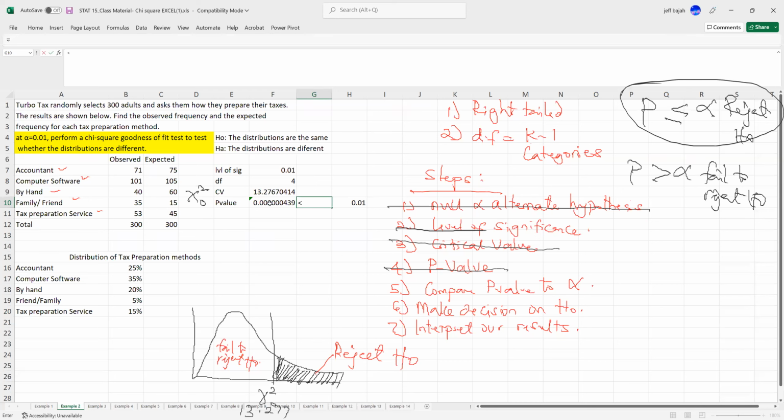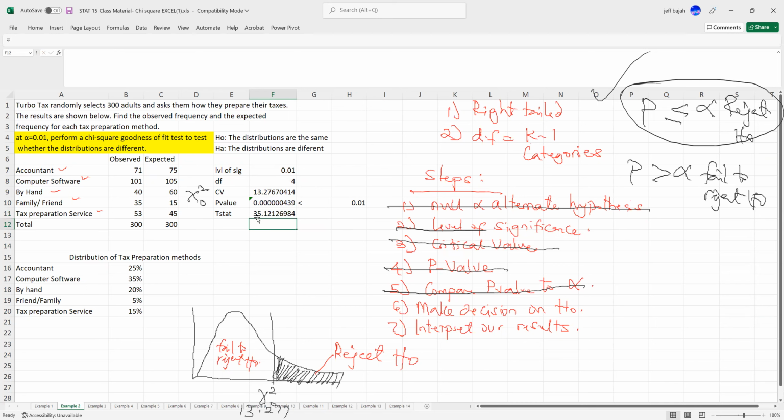Now, you can also find your test stat, right? Let me show you that as a second option. So remember, we've already compared here, and we've already rejected H sub O, but we can also find our test stat. We type in equal to chi-square right tail, where it says probability, we put our p-value, we put in our level of significance, your degrees of freedom, and we press enter.